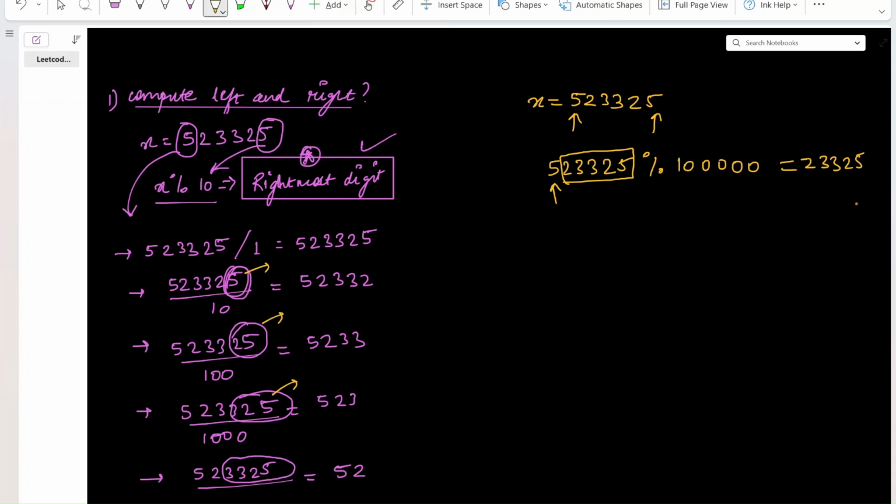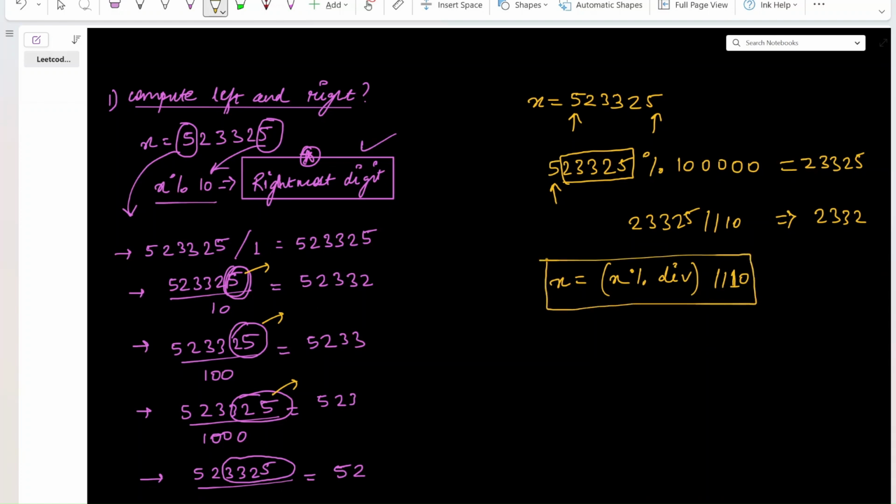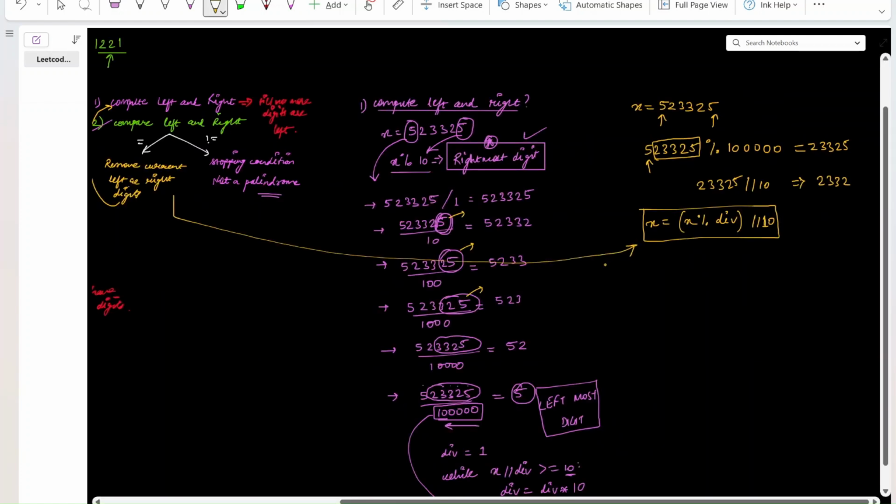Then comes removing the rightmost digit. To remove the rightmost digit, we can just take 23325 and divide it by 10, and we will just get 2332. This is just simple mathematics. So what I can do is update x equal to x percent whatever our divisor is at that point, and then we can just divide it by 10. This is how we can get this part of the problem.